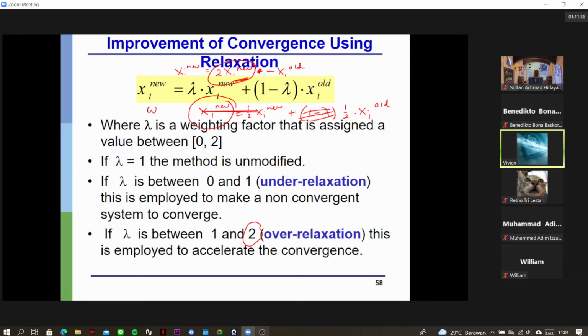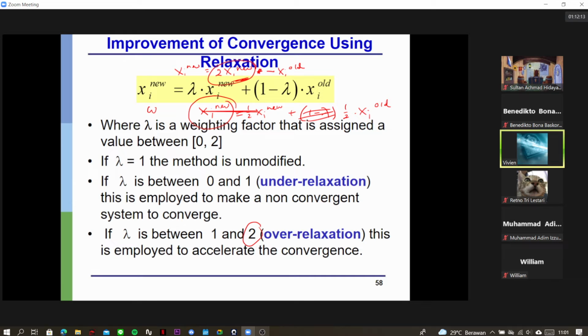But again, the weighting factor here, if the problem can converge, will not affect the accuracy, because at the end we will check whether it reaches the approximate error that we want.